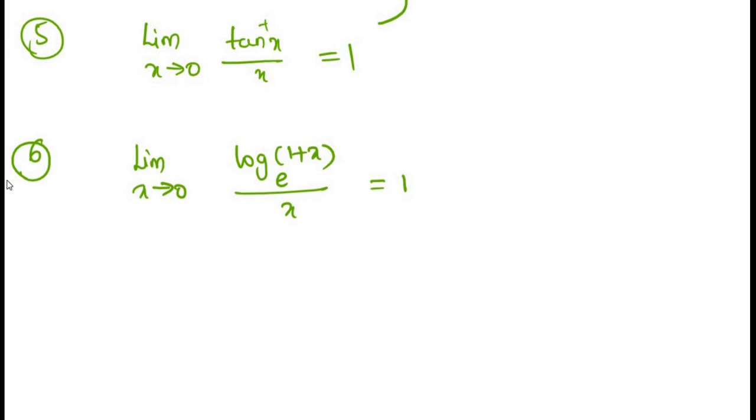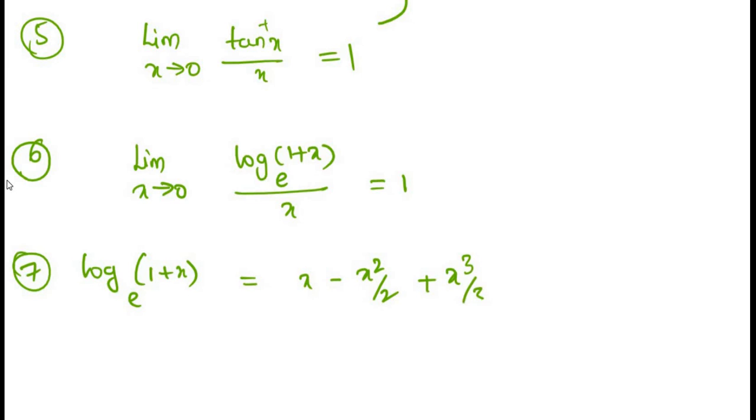This is also 1. And let me explain some of the expansions. Log(1 plus x) base e can be expanded like x minus x square by 2 plus x cube by 3 minus x power 4 by 4 and so on.